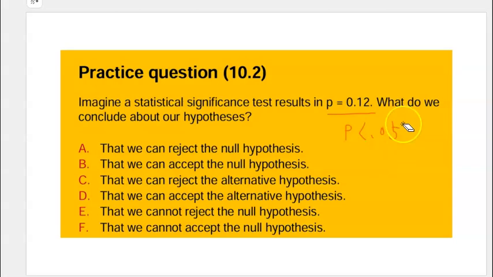Our rule is p less than 0.05, so this p-value is greater than 0.05. So in fact, we cannot reject the null hypothesis. This means that we accept, or we fail to reject, the null hypothesis. So this is the answer.